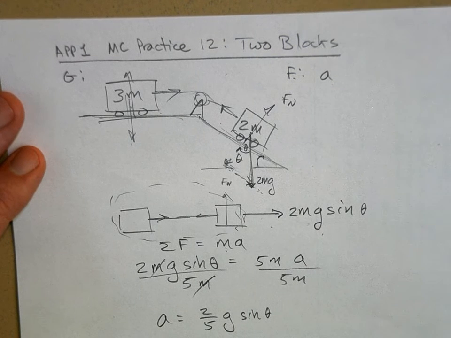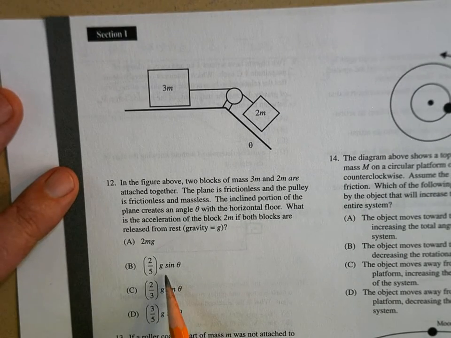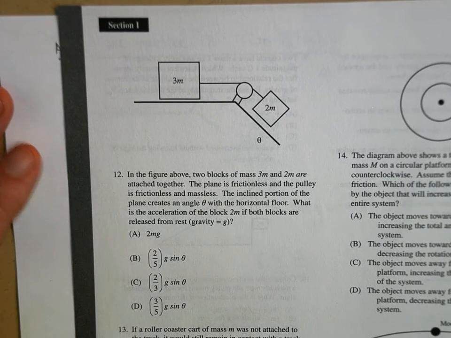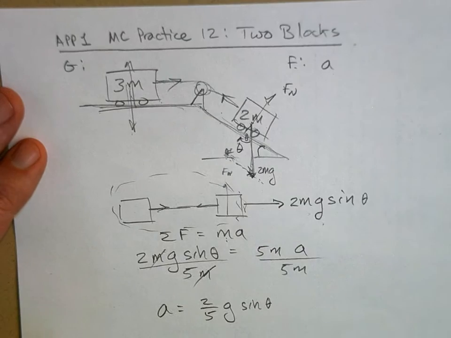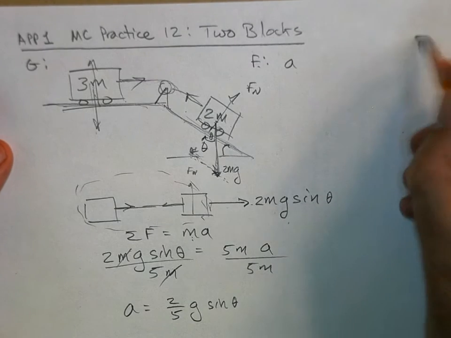And that hopefully is on the list. 2/5 g sine theta, so the answer is B. Did you get B? Did you get that answer? Answer B.